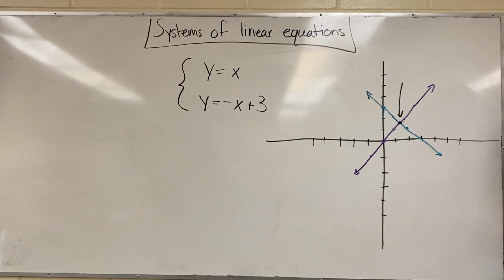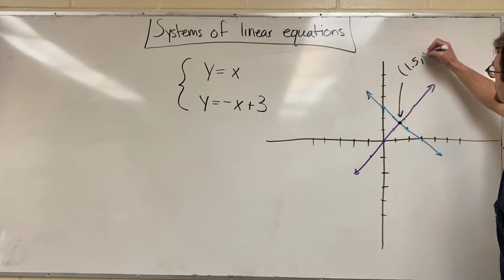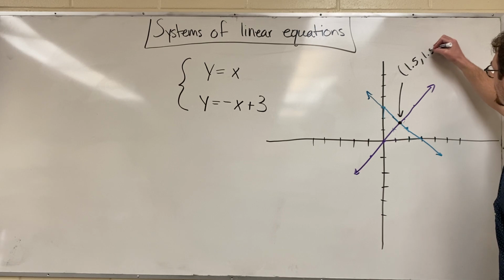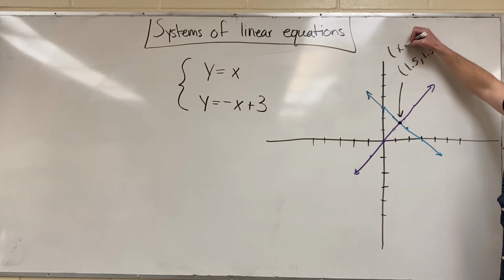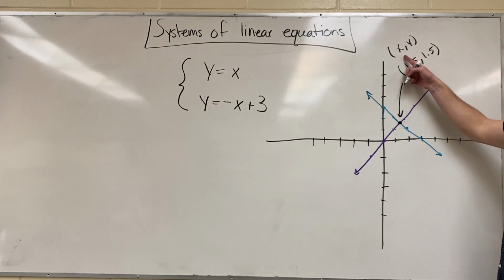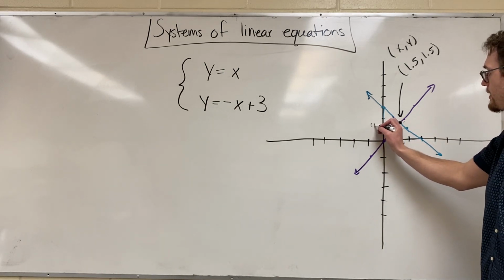And don't quote me on this, but yeah, I know for sure, this would be 1.5, comma 1.5. Remember for my students, this is an x, y coordinate. So x, this right here, is 1.5, and y, this right here, is 1.5.